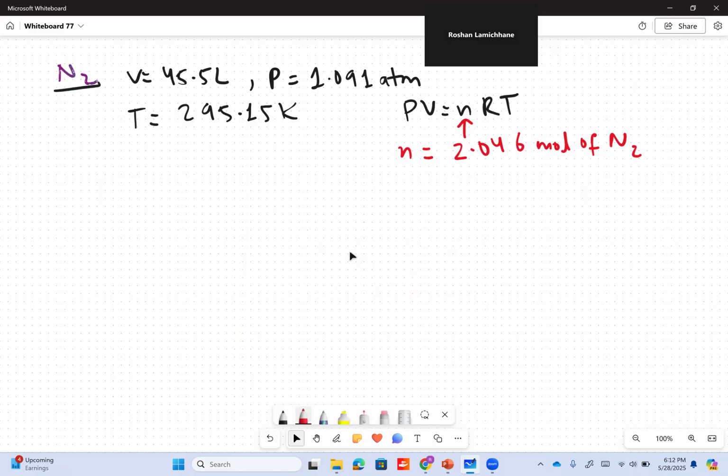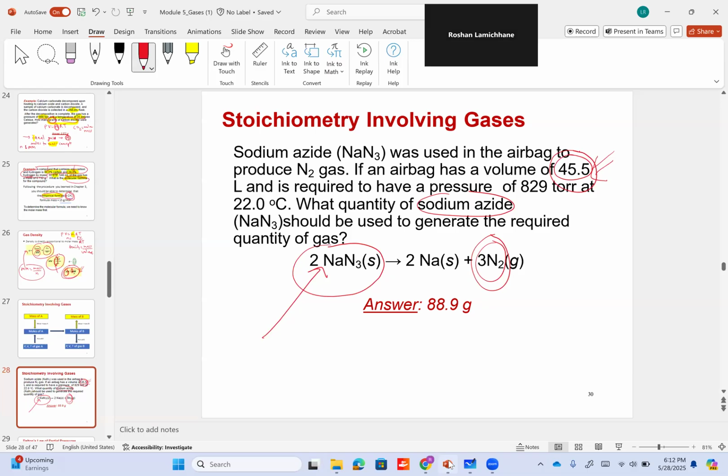Now we're going to use this stoichiometric ratio. I know the moles of N2 gas, and my goal is to figure out the mass of NaN3. So first I'm going to use this stoichiometric ratio of 3 N2 produced from 2 moles of NaN3. Then I can use the molar mass of NaN3 to find the mass of sodium azide.